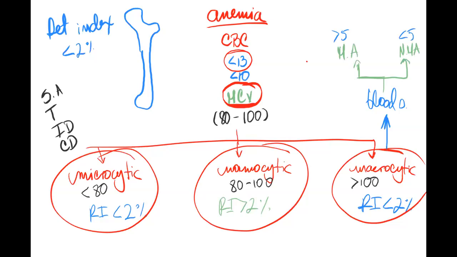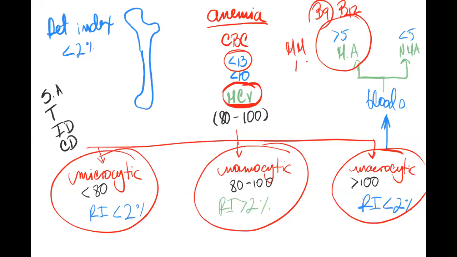The causes of the megaloblastic macrocytic anemia are B9 and B12 deficiencies. B9 is the folate. And there is another kind of megaloblastic anemia, the methylmalonic acid anemia.